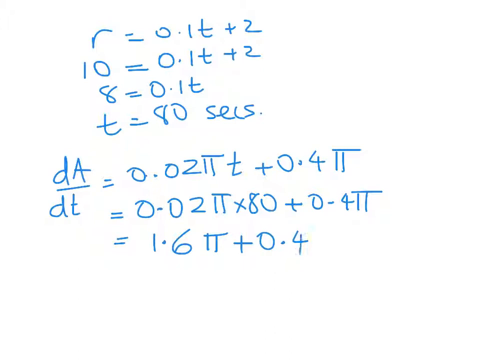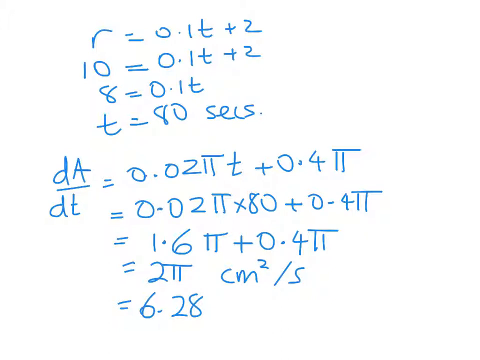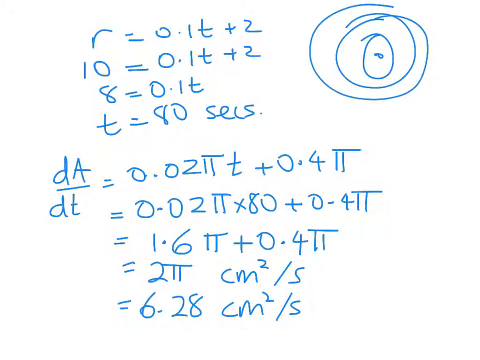But if you're doing it by hand, you end up getting 2 pi centimetres squared per second, which is 6.28 centimetres squared per second. So what that's showing us is the rate of change of the area after 80 seconds is an extra 6.28 square centimetres per second.